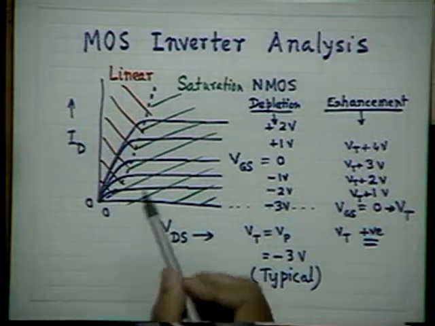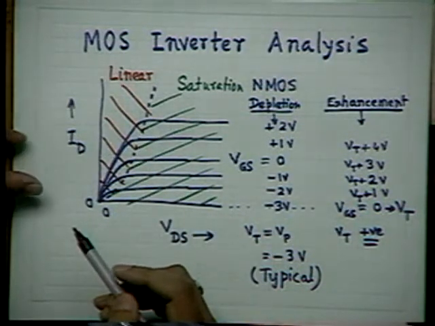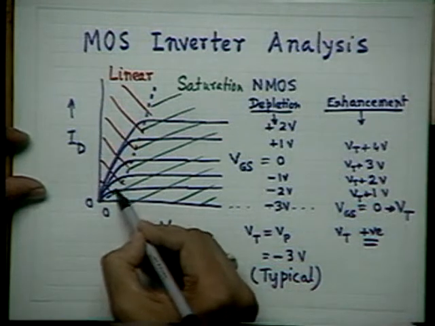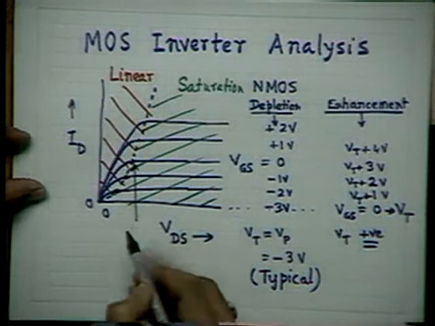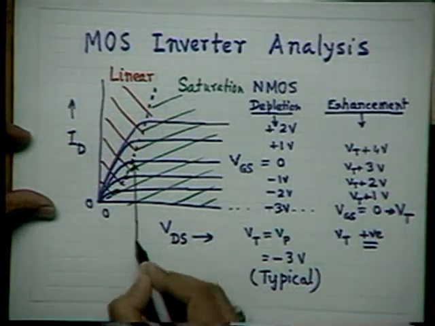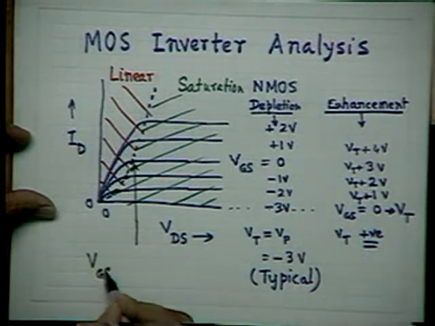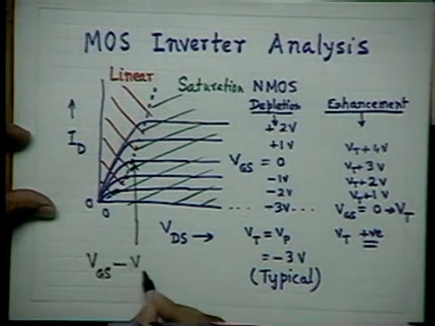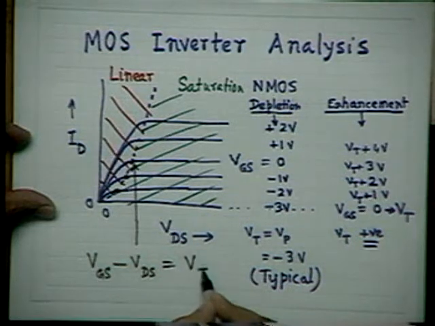And the line dividing the two regions, at every point, please note that at every point, VGS minus VDS is equal to VT.